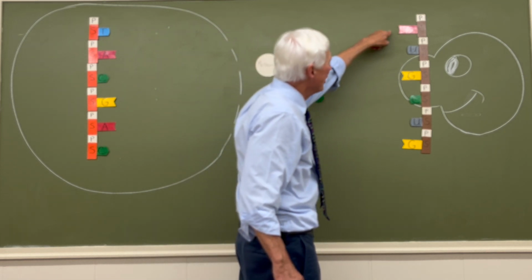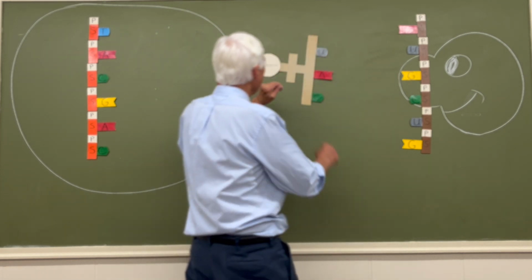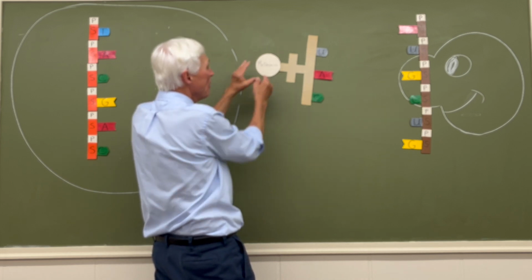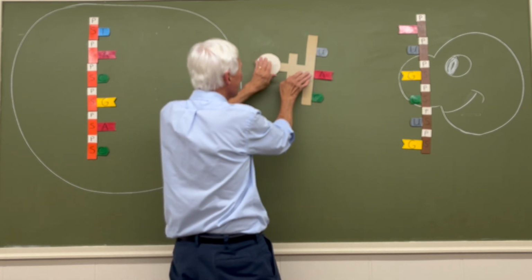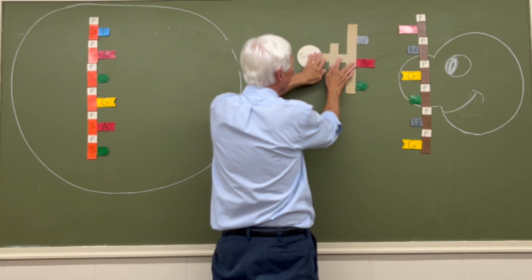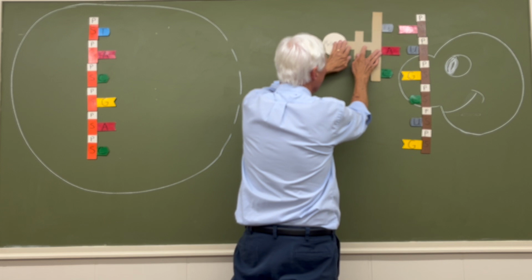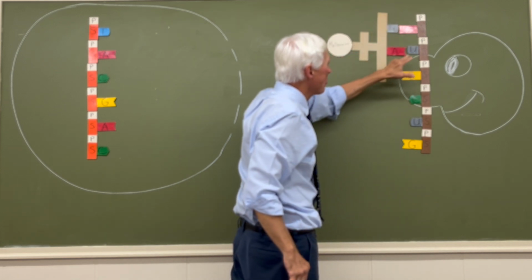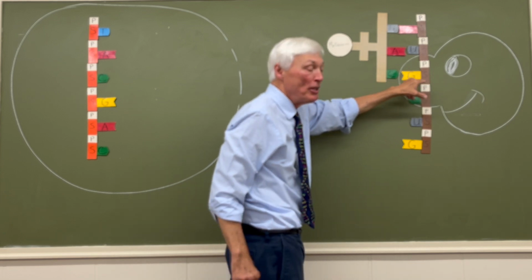Here, AUG. And sure enough, here's a special transfer RNA molecule carrying the amino acid methionine. It's going to deliver it to the ribosome like this. See how U is attracted to A attracted to U, C attracted to G?